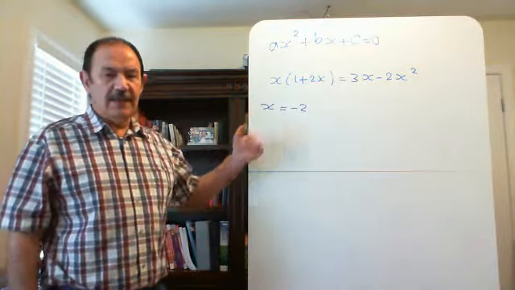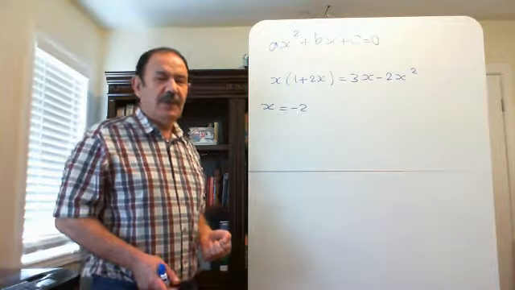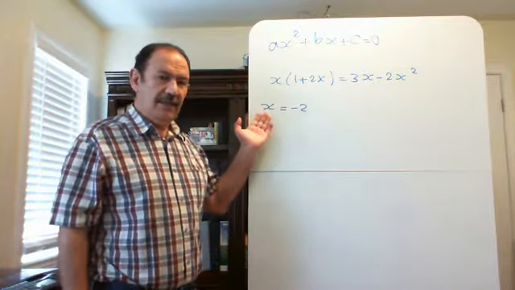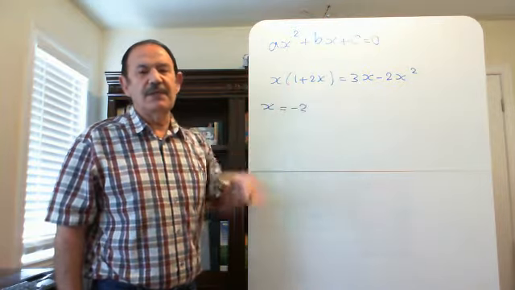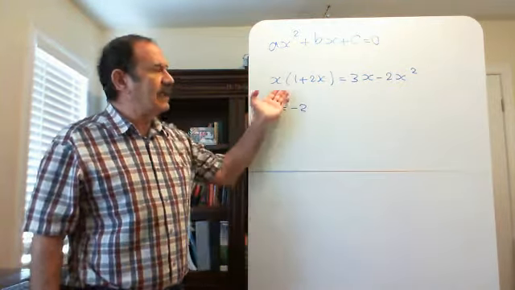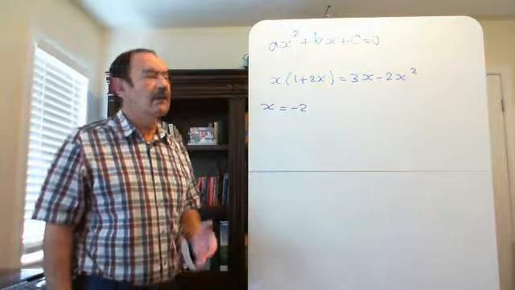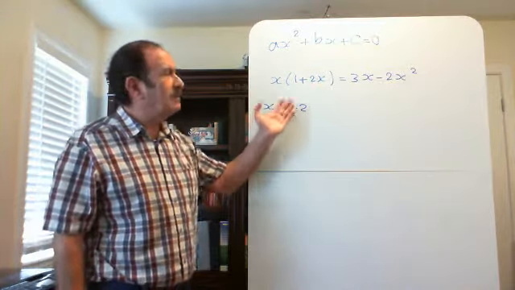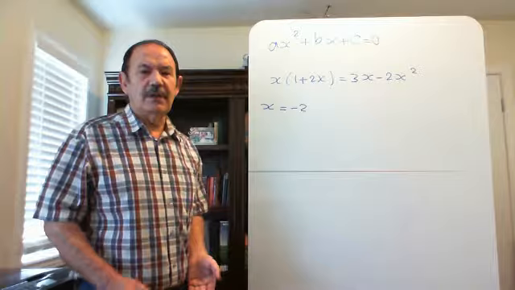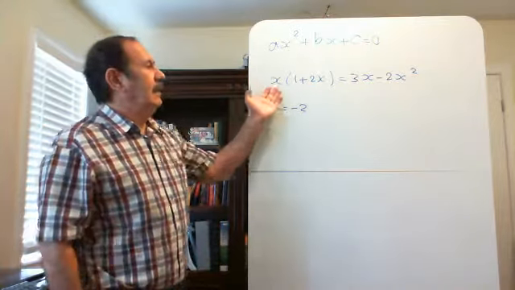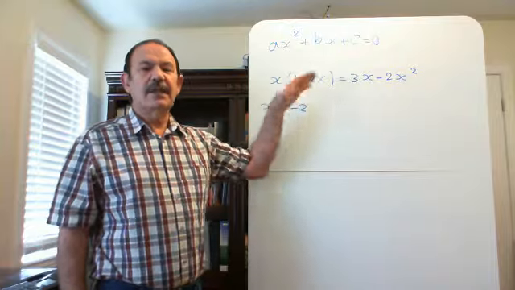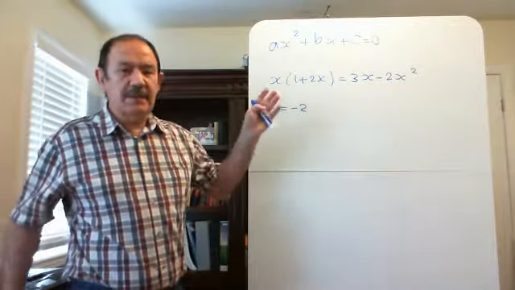But sometimes the question asks only to check if x = -2 is a solution of this equation or not. It doesn't ask you to check if it's quadratic. We just want to know if this is a solution of the equation. In this case, we don't need to waste our time moving everything to one side and converting to a standard format.